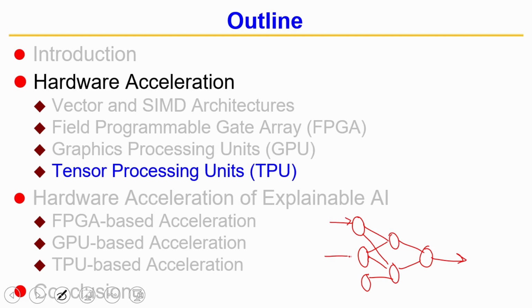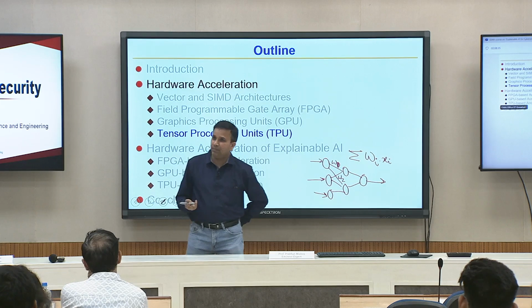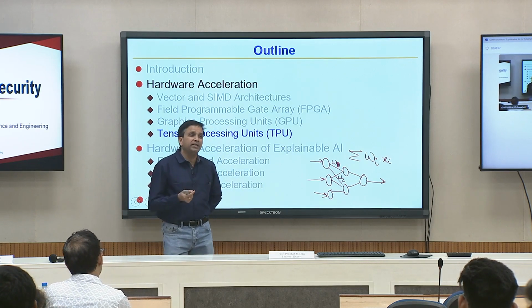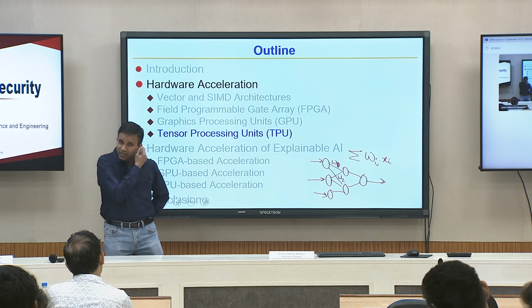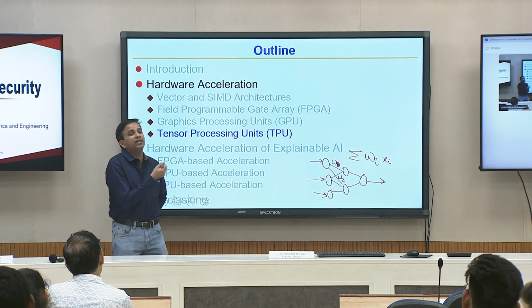This is where inputs are, and each of the edges has a different Wi. This could be W0, W1, W2, and so on. What each node is basically computing is the summation of Wi xi. Xi is 1 if that link exists, xi is 0 if that link does not exist, Wi is the weight on that edge. And during the machine learning process, the model basically learns that weight.